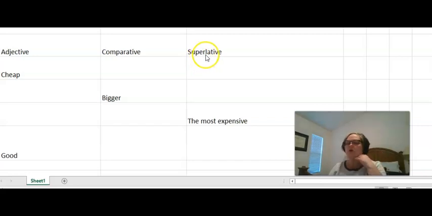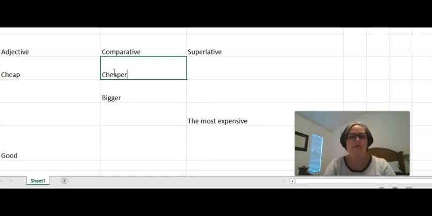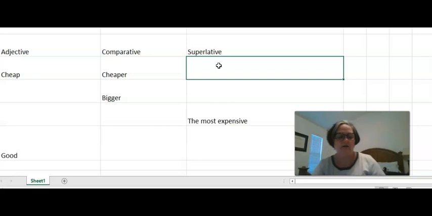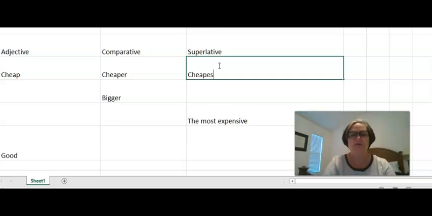And today we've been talking about the superlatives. So if you have a chair that's cheap, what would be your comparative? That would be cheaper. And then if someone else had a chair and it was even cheaper, it'd be the cheapest. So cheap, cheaper, and cheapest.